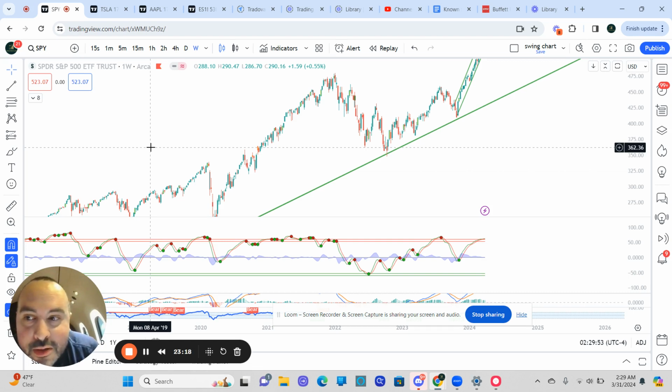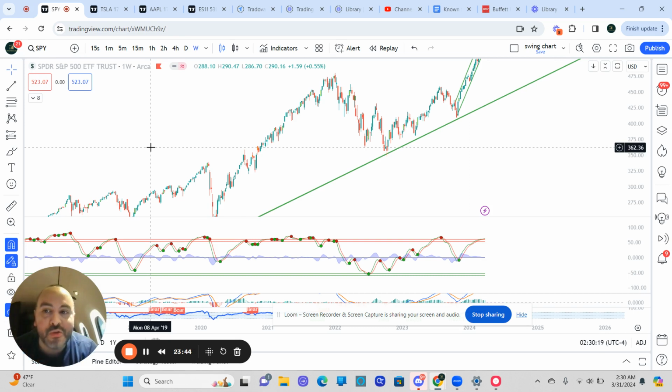So again, that is the Buffett indicator, which is a long-term indicator, something that you maybe just glance at once a month, and that'll give you an idea of what to look out for in the coming months. And the second indicator is the wave trend indicator.